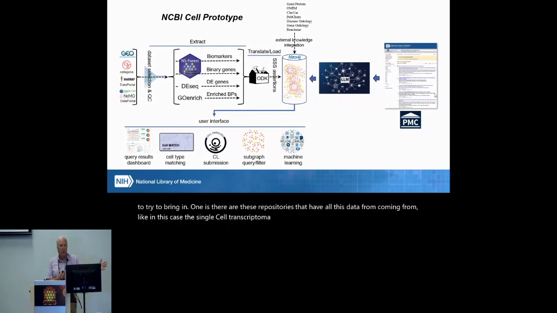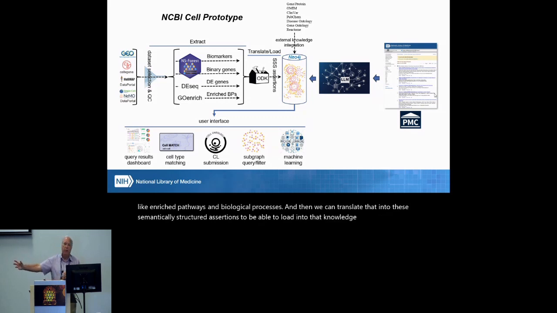We want to process that data through standardized data mining pipelines to produce interesting phenotypes about the cells being identified in these experiments, like biomarkers, differentially expressed genes, and enriched pathways and biological processes. And then we can translate that into semantically structured assertions to load into that knowledge graph.